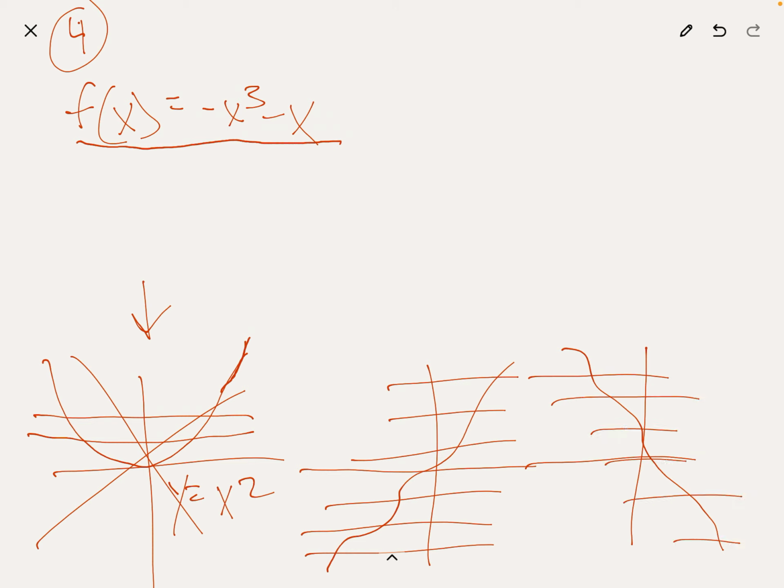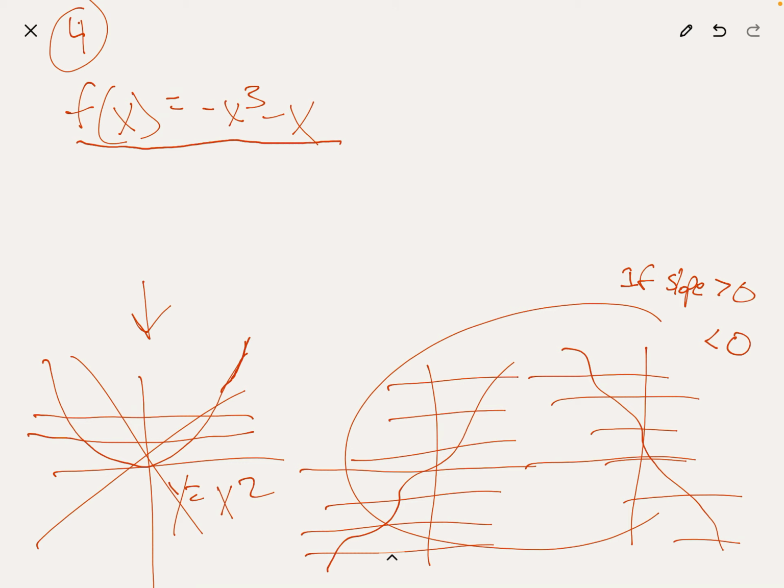And so the other way of putting it is, as you can see from this, if the slope is always greater than 0 or less than 0, it's 1 to 1.